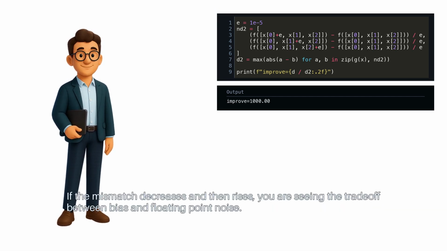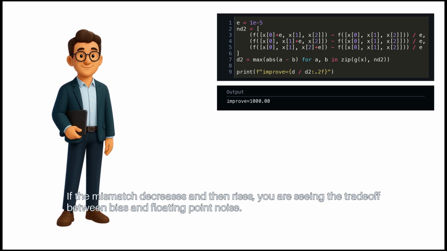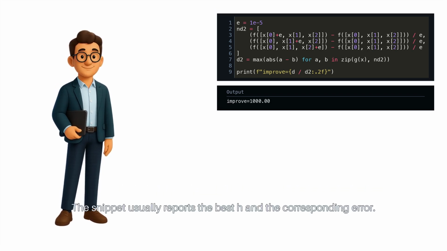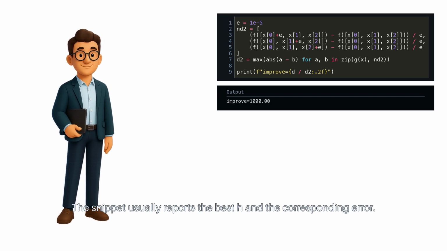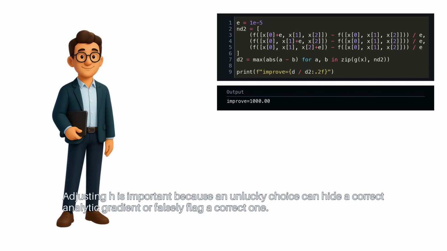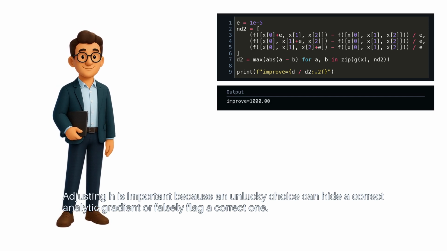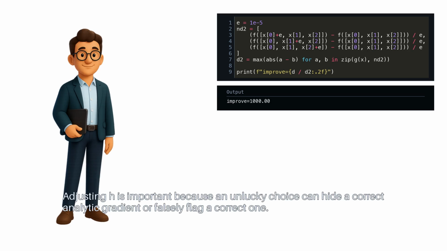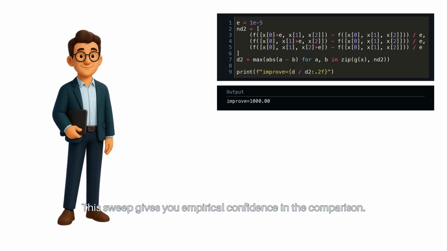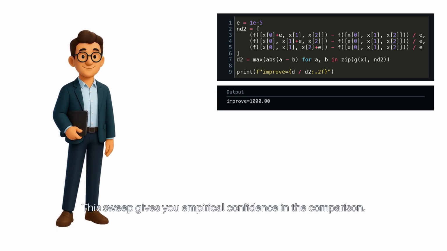If the mismatch decreases and then rises, you are seeing the trade-off between bias and floating point noise. The snippet usually reports the best h and the corresponding error. Adjusting h is important because an unlucky choice can hide a correct analytic gradient or falsely flag a correct one. This sweep gives you empirical confidence in the comparison.